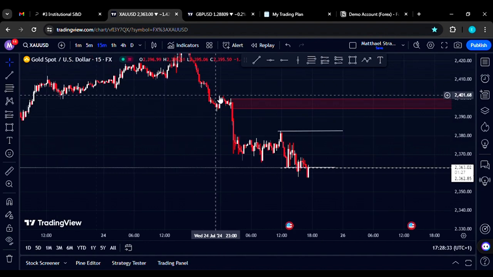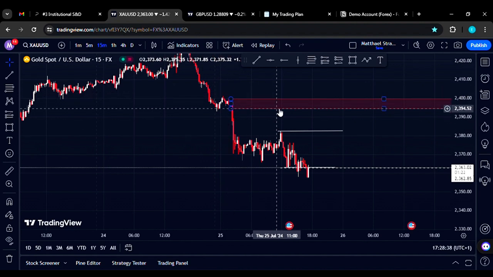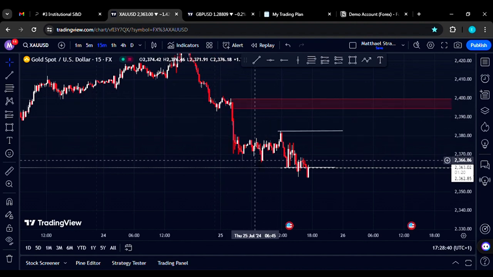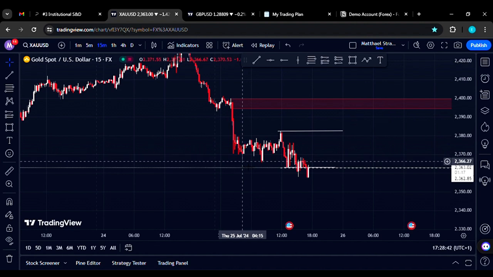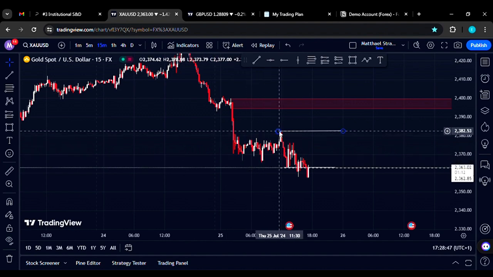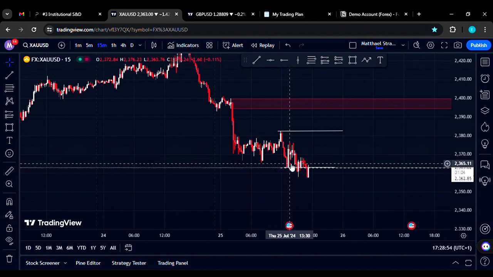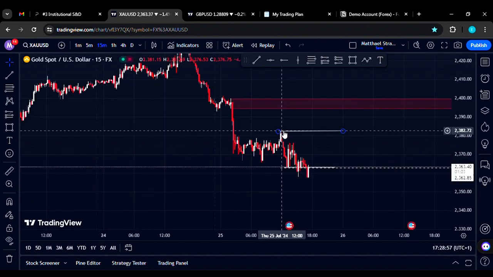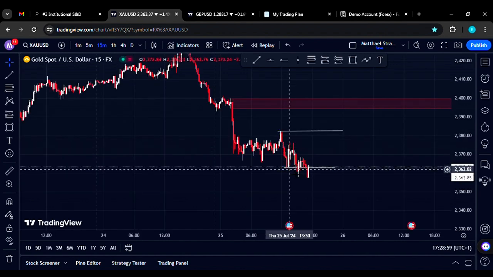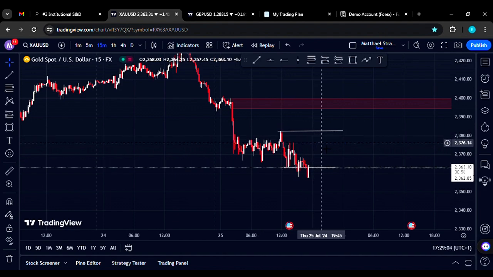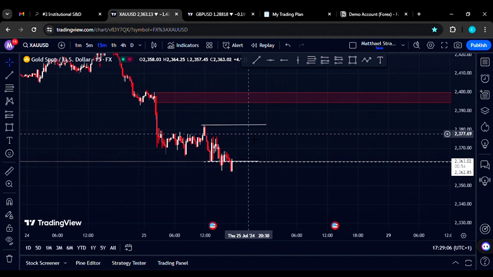Because currently, after this higher high that was formed here, we had this lower low that formed this higher high. So this was a valid break of structure that happened here. Hence, this lower high that formed this lower low is a strong one. All right, so this was what was going on in my head.